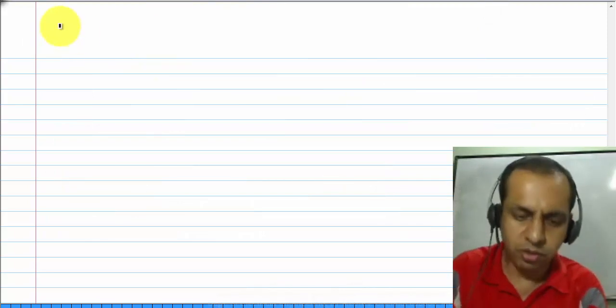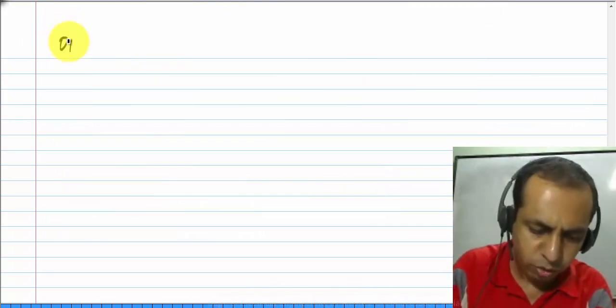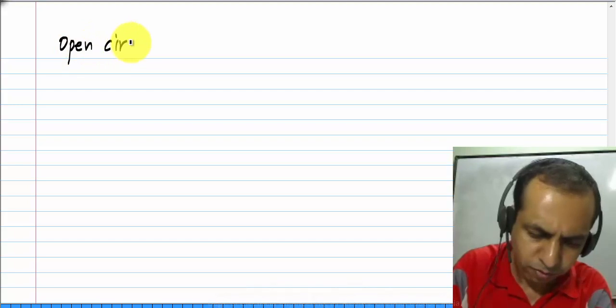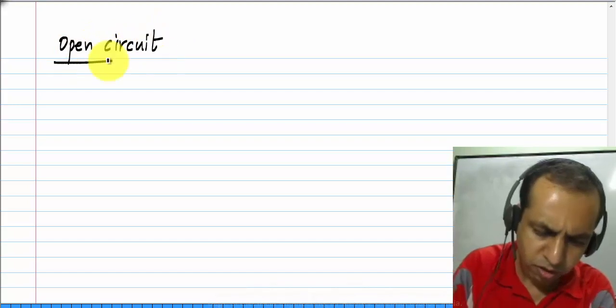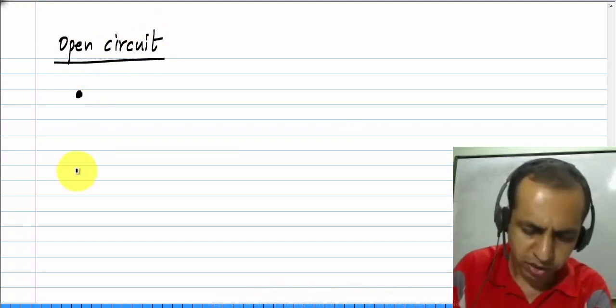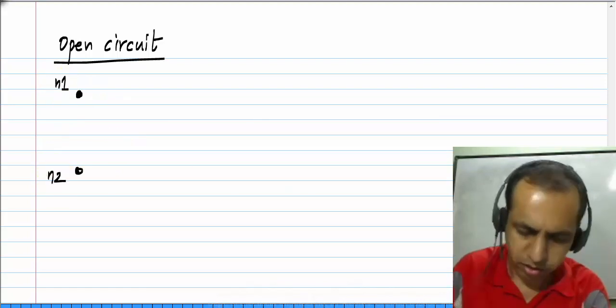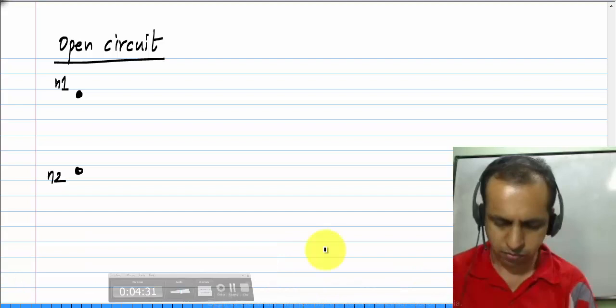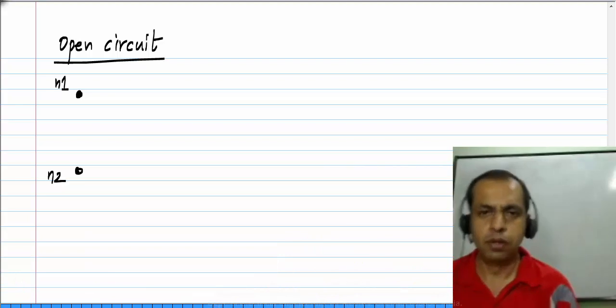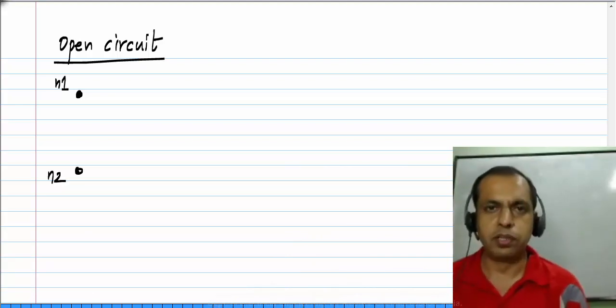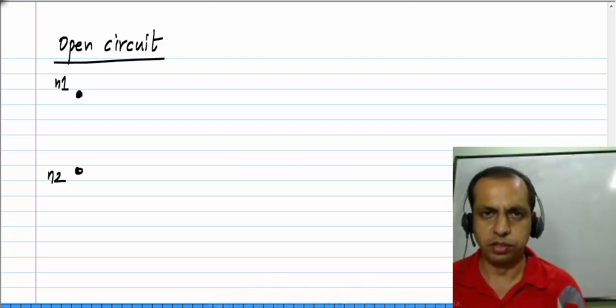So, a similar concept is an open circuit. An open circuit really means that there is no connection between these two nodes. An open circuit means no current flows between these two nodes.